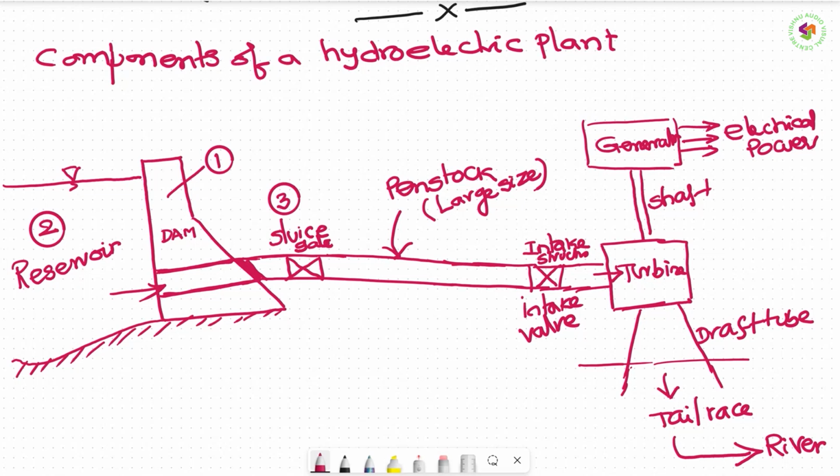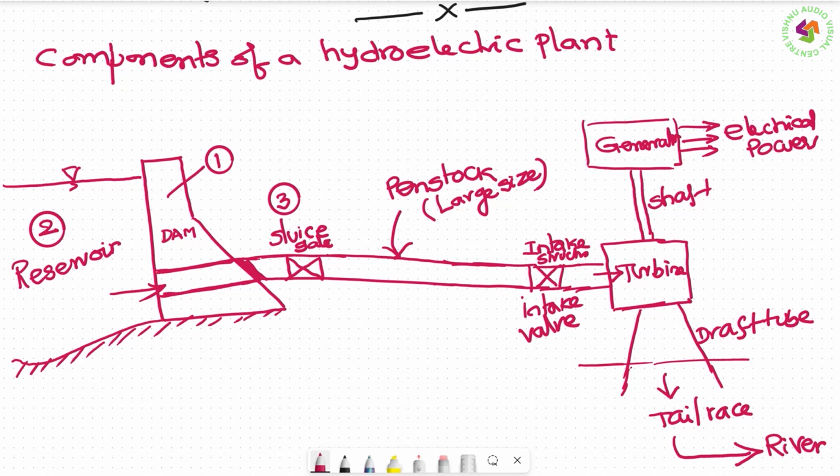Runner is nothing but a wheel having on the periphery a series of vanes. So this water rotates the runner. The moment water rotates the runner, which is the main component of the turbine, the shaft starts rotating. So the mechanical energy produced here will be given to the generator, and the generator converts the mechanical energy to electrical power.